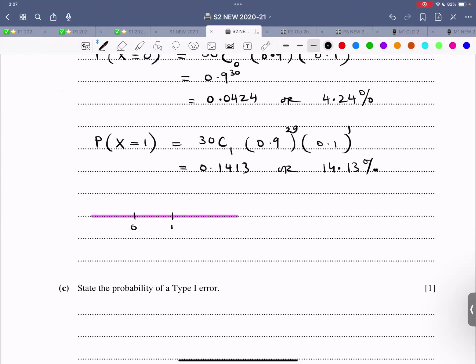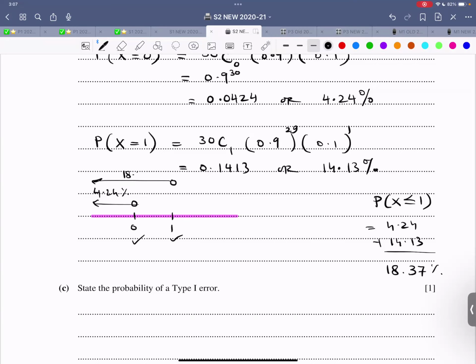This is 1. Less than or equal to 0 is 4.24%. Less than or equal to 1 is 0 and 1. So the probability X is less than or equal to 1 is 4.24 plus 14.13, which is 0.1837, or 18.37%.